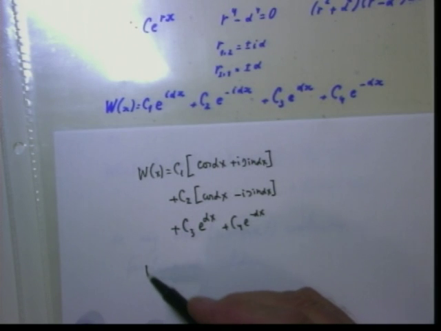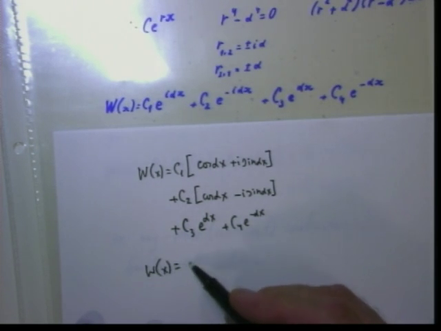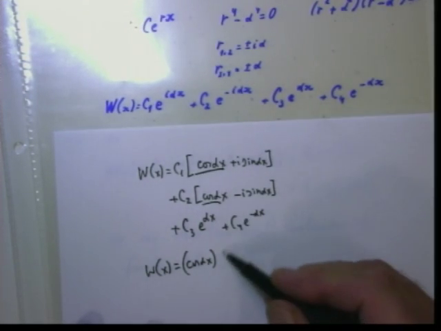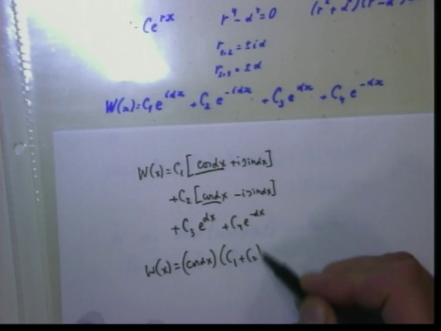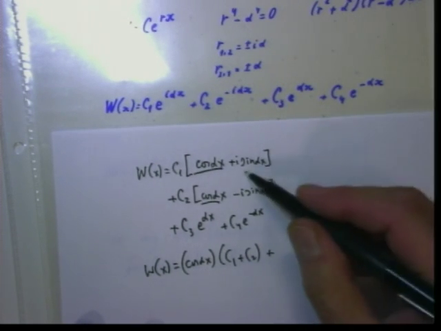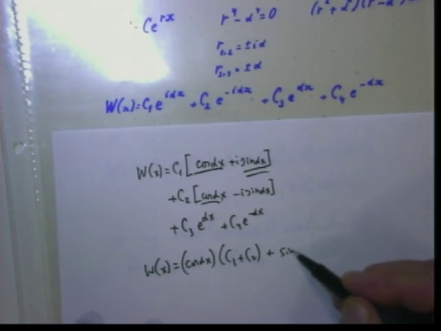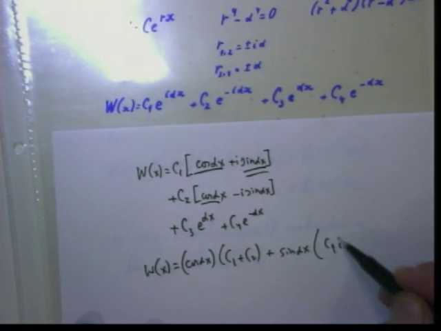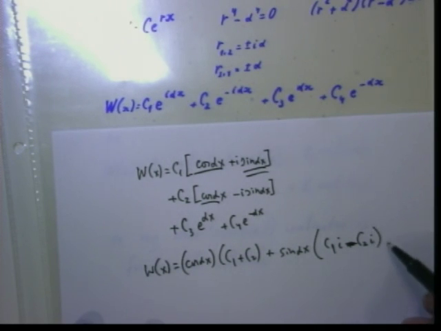So then we get W of x equals cosine alpha x times, so here is cosine and here is cosine, C1 plus C2. Then there is sine alpha x, which will be C1 i minus C2 i, times sine alpha x.